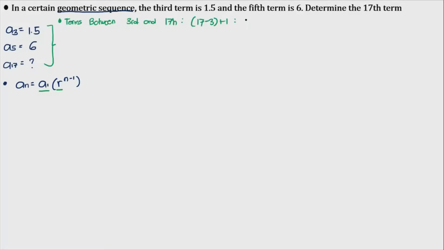So from third hanggang kay 17, meron tayong 15 terms. Okay? Lagyan natin yung adjusted value. A3 is yung first term. Si A17 is yung 15th term.